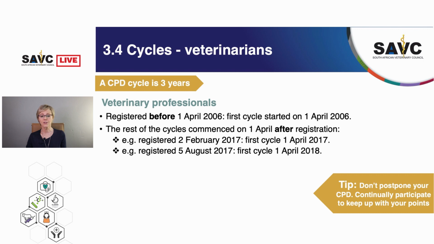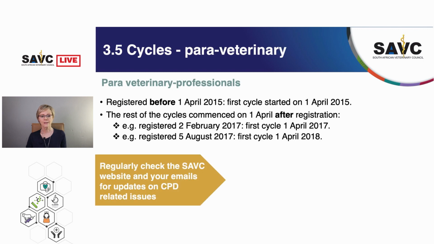Or if you were registered on 5 August 2017, your first cycle would have started on 1 April 2018. The same applies for the paraveterinary professions. The only difference is that they had to comply with the system of CPD points from 1 April 2015.